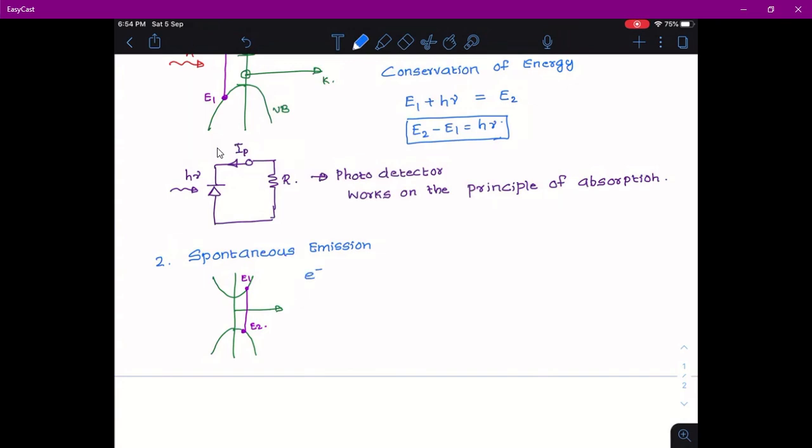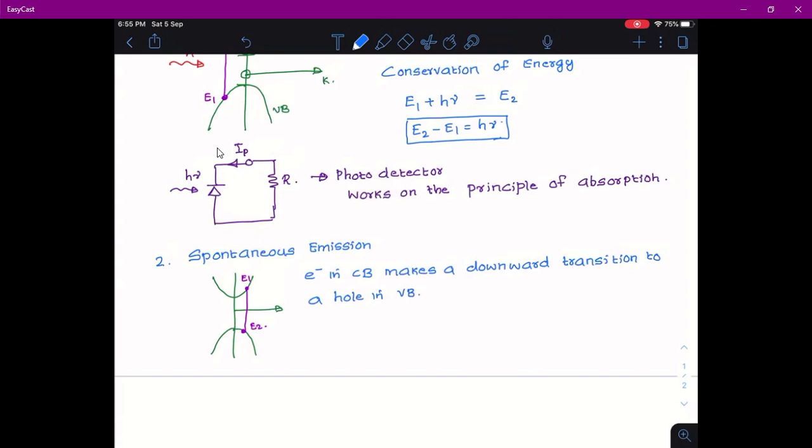So the electron in conduction band makes a downward transition to a hole in valence band.